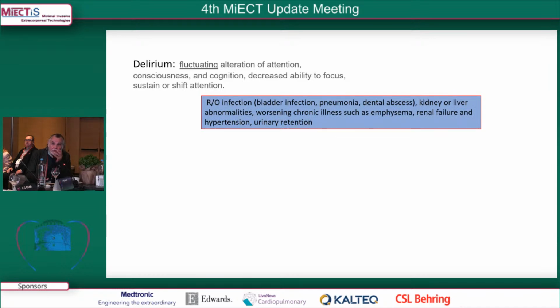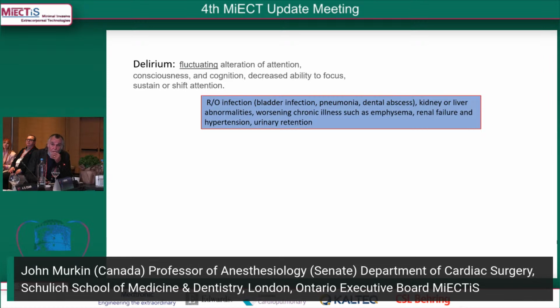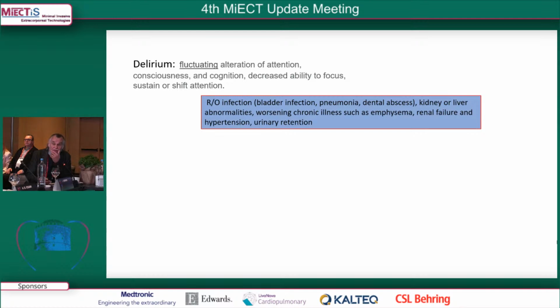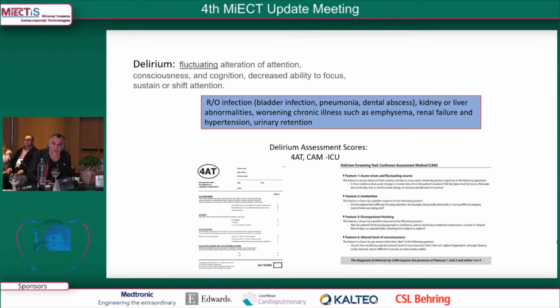One of the important considerations is always to rule out some treatable etiology, particularly occult infection, classically bladder infections, even dental abscesses, or particularly patients that present with pre-existing renal insufficiency, hepatic insufficiency, or other exacerbations of comorbidities. Delirium can be one of the early manifestations. So it is important when we see these patients postoperatively to try to rule out these more treatable causes.